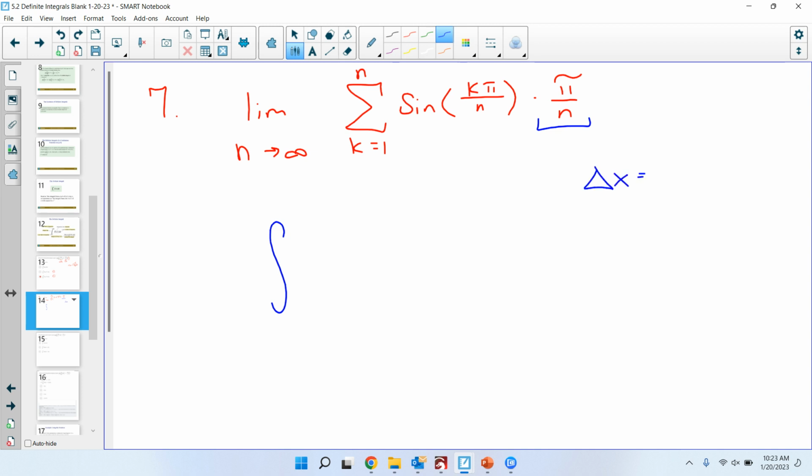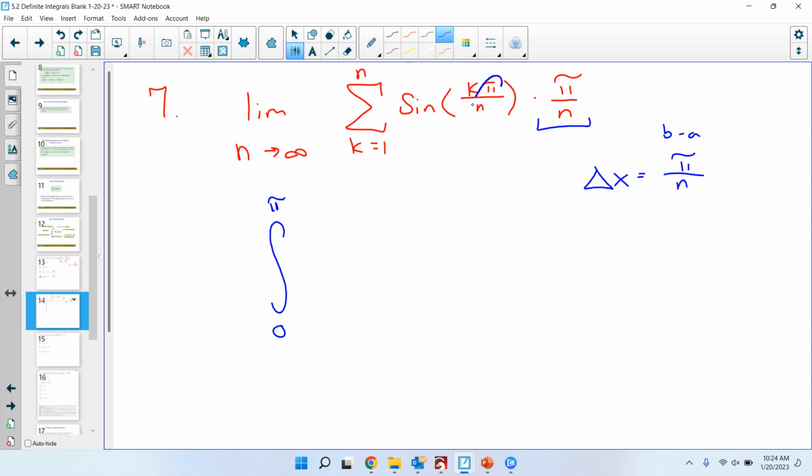So b minus a must have been pi. So what's one possibility? Pi minus 0. So maybe we go from 0 to pi or pi to 0? What goes on the bottom again? 0 to pi. Okay, 0 to pi.